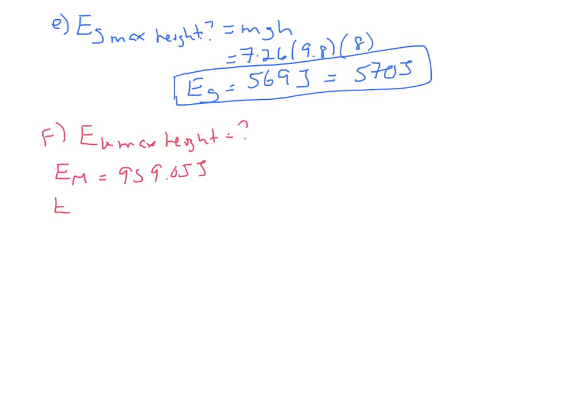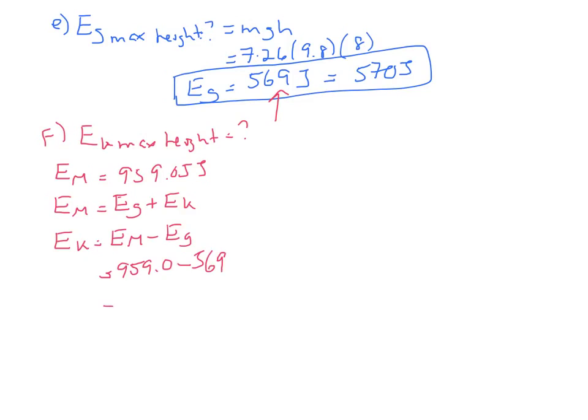And we know that EM equals EG at any particular time plus EK. Therefore, EK equals EM minus EG. We know that EM is 959.0. We know EG at its max height, we just found it out, it's 569. Therefore, EK is 390 joules.